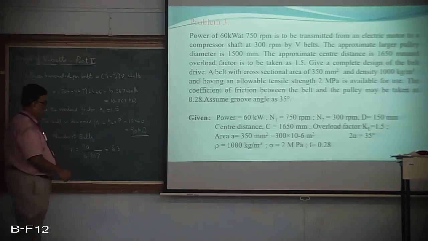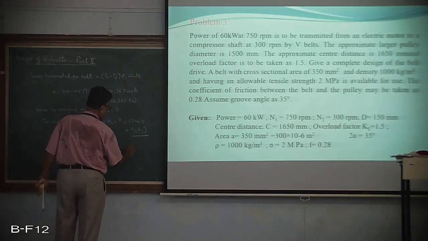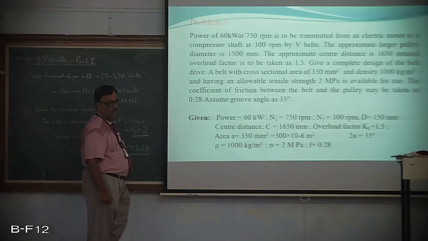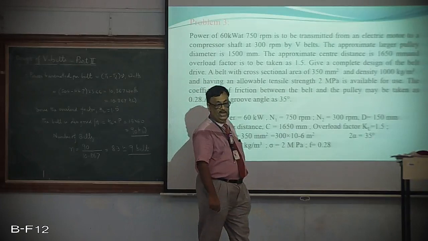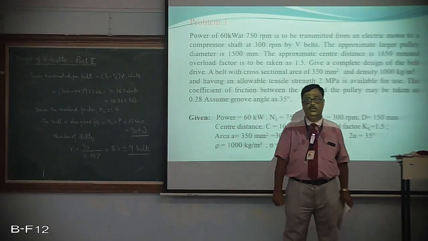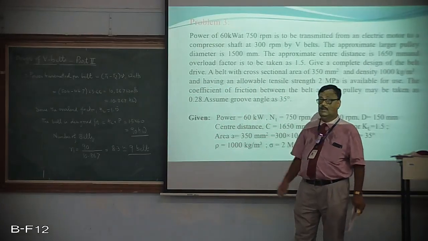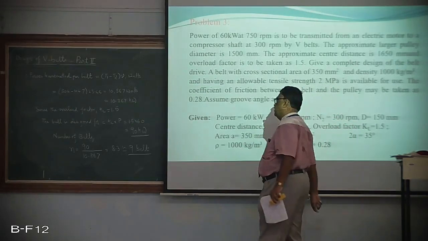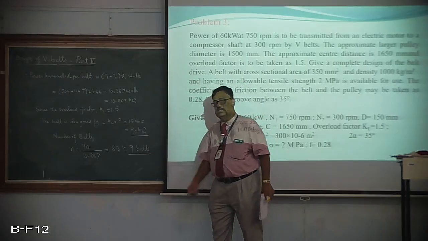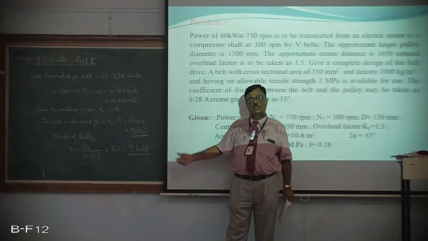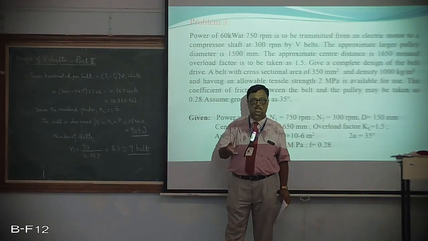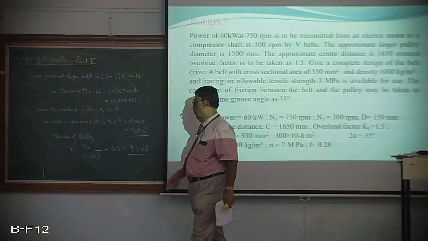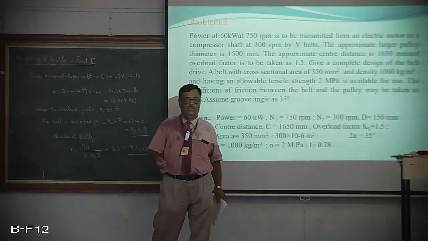Since the number of belts has to be an integer, we say 9 belts. So for transmitting a rated power of 90 kilowatt, considering the overload factor, we need 9 V belts. In this problem, he has not mentioned the type of the belt. But 90 kilowatt is only possible with D type or E type of belt, so D type is more recommended for this particular problem.